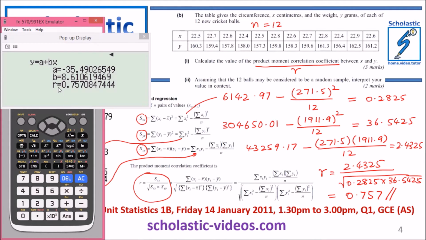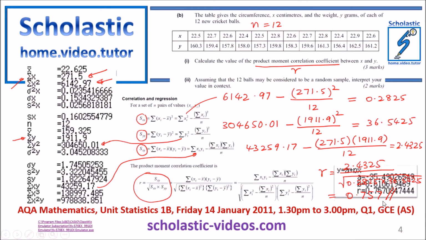In that you can see the value of R. When you do the regression calculation, you can use A and B, but for the correlation there is a value of R. R is equal to 0.757. So this is what you got here. Instead of doing these calculations, you can use the calculator function to get the value of R.